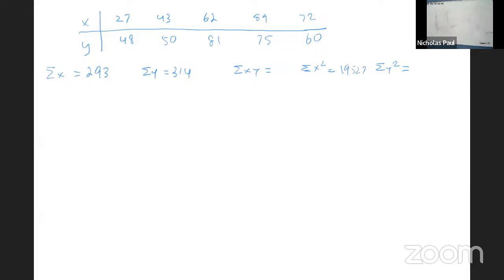Sum of y squared is 20,560. And what is xy? 19463.